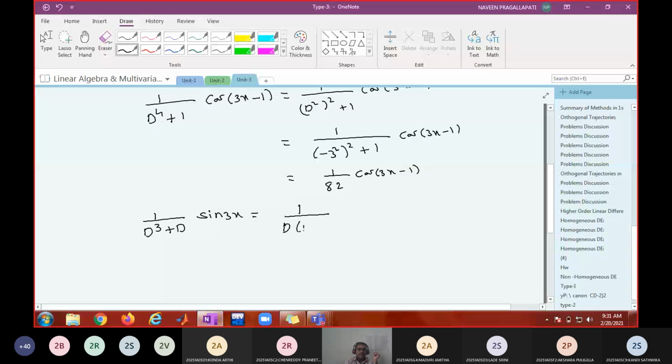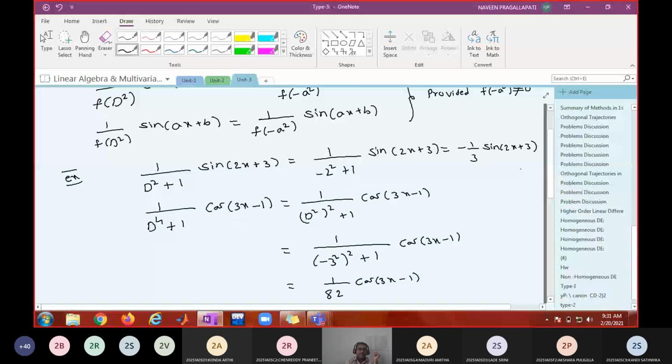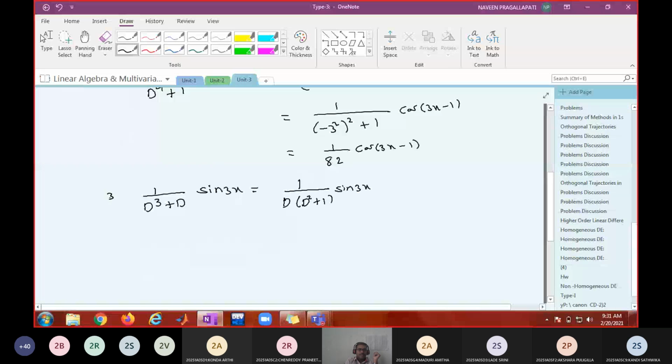D of d square plus 1 sine 3x. Now can I write this as 1 by d of 1 by d square plus 1 sine 3x?